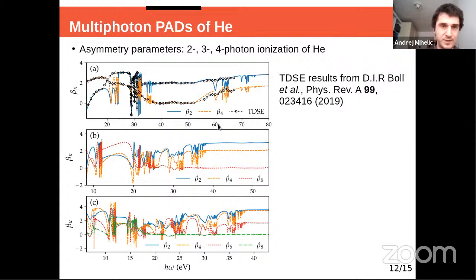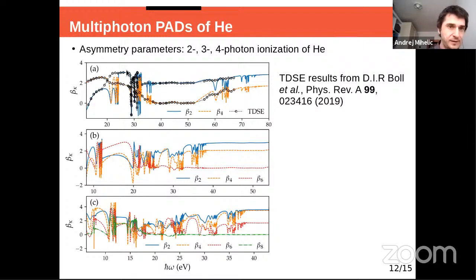This has been done, of course, again in helium for 2, 3, and 4 photon ionization. And we have compared this to recently obtained results by Diego Boll. So here you see the points which practically coincide with our results.